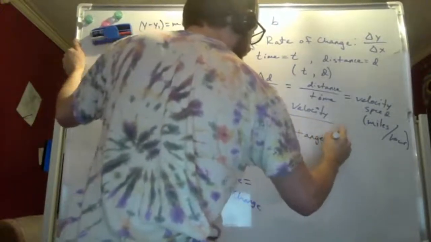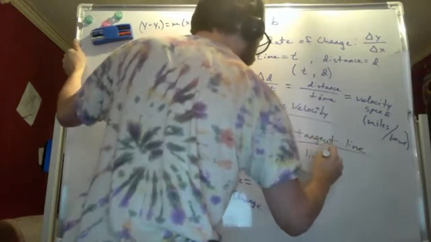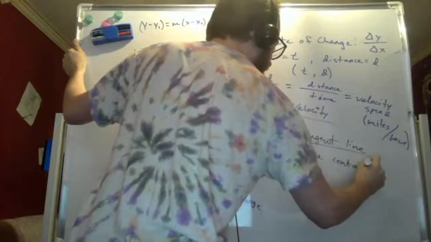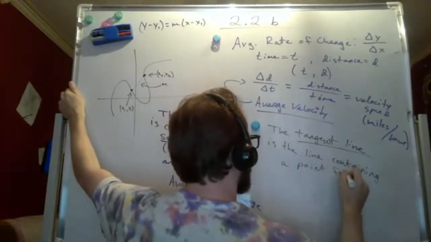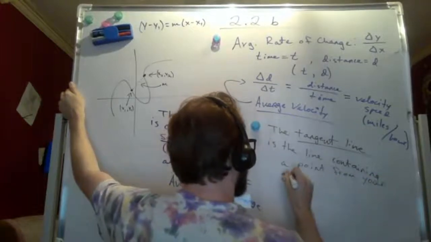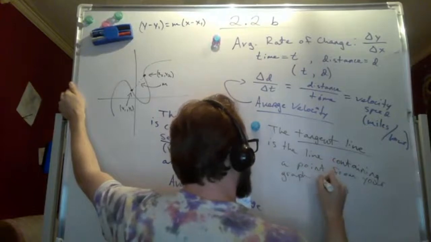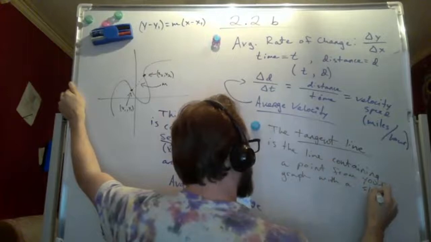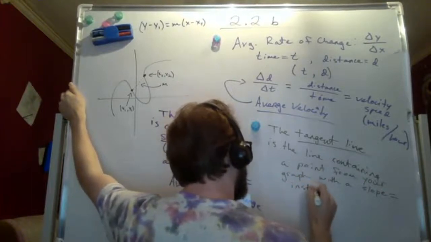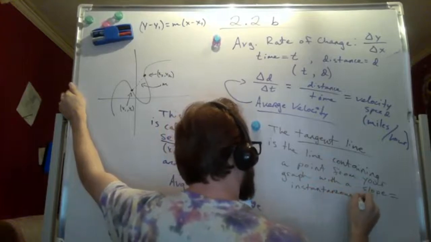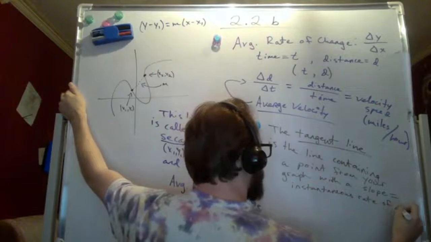So the tangent line is the line containing a point from your graph, and this line is with a slope equal to the instantaneous rate of change.